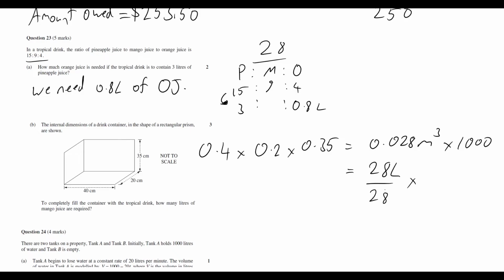So now it's 28 over 28, or 1, times 9. And that's it, that number there is our answer. We need 9 liters of mango juice. And there we are, so that's question 23.